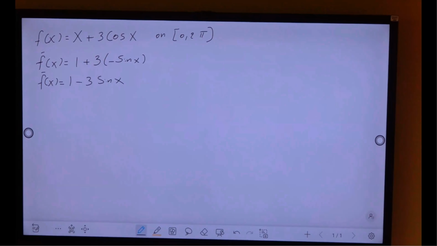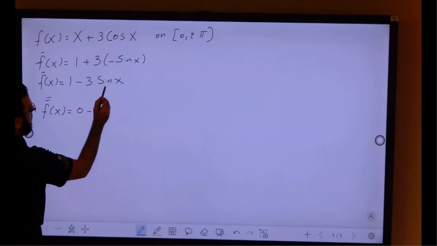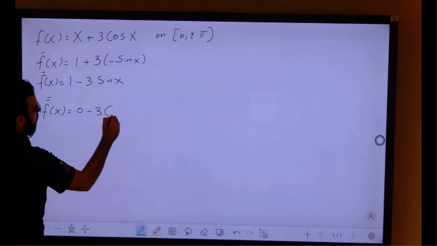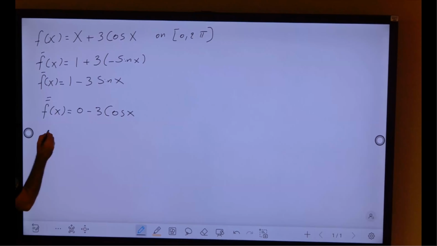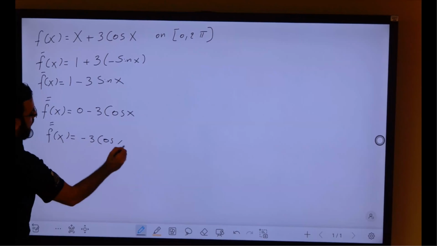This is only the first derivative. Now I need to find the second derivative. The derivative of 1 is 0, minus 3. What's the derivative of the sine? Cosine x. That means the second derivative is going to be -3 cosine x.